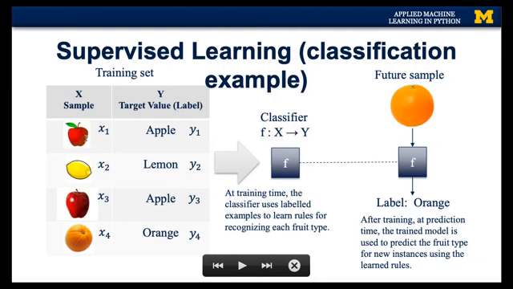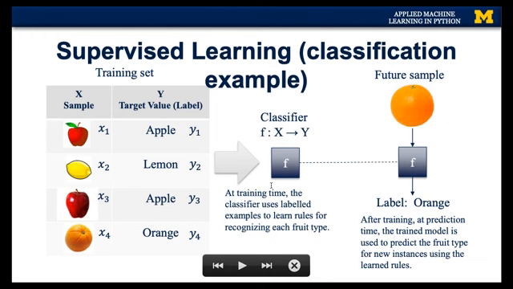So this is one sample, this is the second sample, third sample, and fourth sample. And we have their corresponding labels, like all these features are apple, and these features are, for example, lemon, and these features the same as apple. So per instance we have label data.